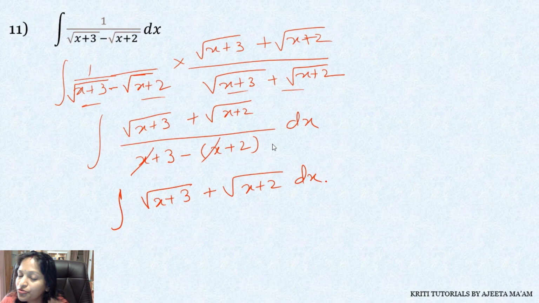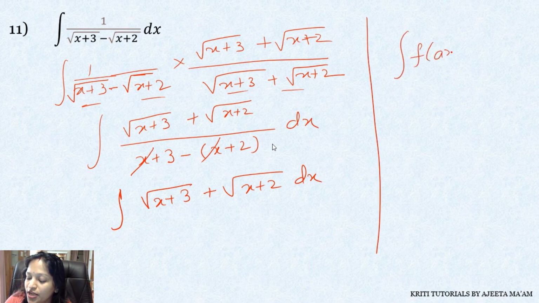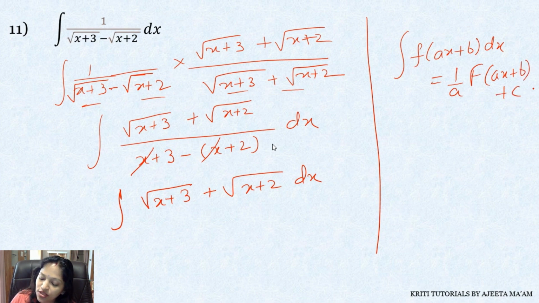Now again no substitution needed. We will simply use our basic property f of ax plus b, 1 upon a integral of the function. Now if you see in these two functions given to you, the a is 1. So no constant to be there. So only the power rule. What's the power rule?